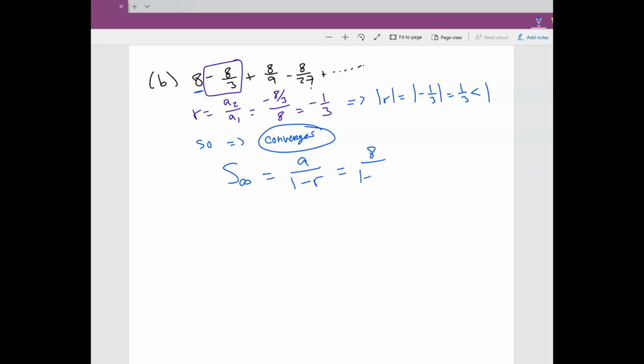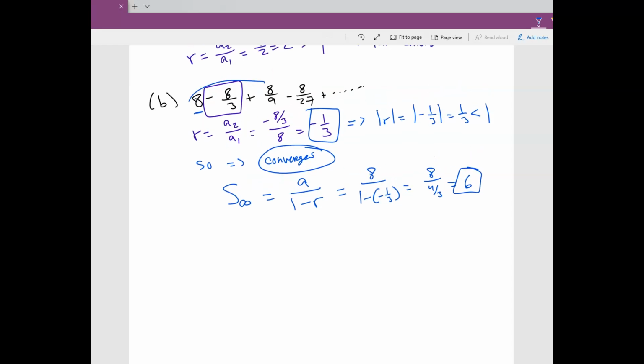R in this case is negative 1/3. So I'm going to get 8 over 4/3, which is going to give me 6. When I keep adding these numbers an infinite number of times, it's going to get closer and closer to 6, like 5.999999999. So you're basically finding a limit.